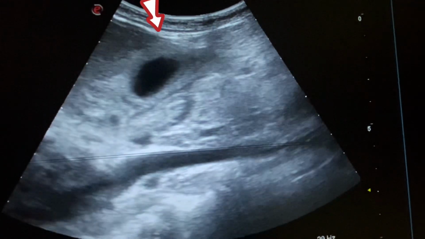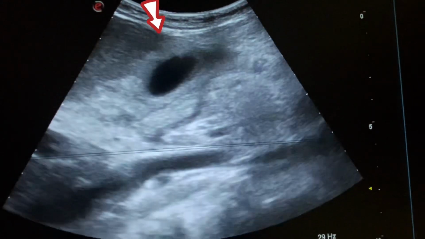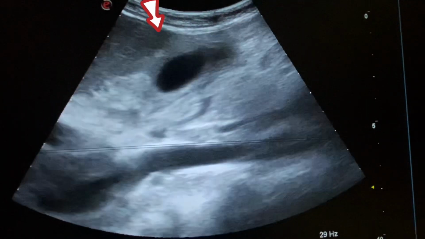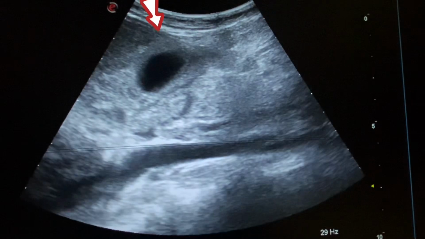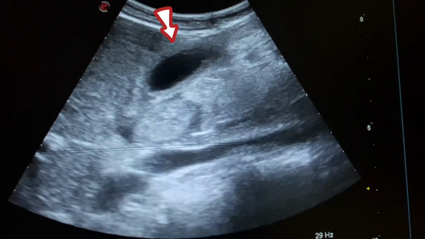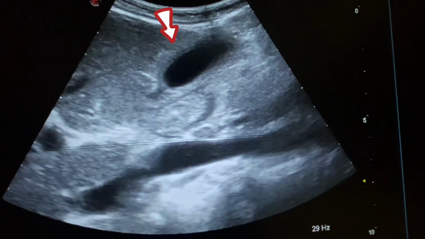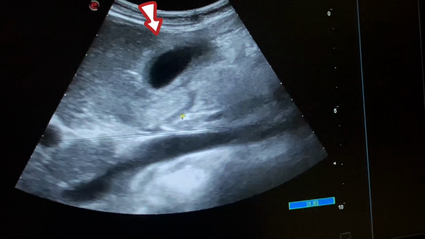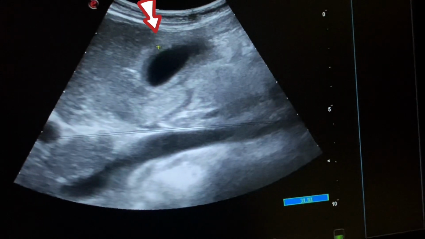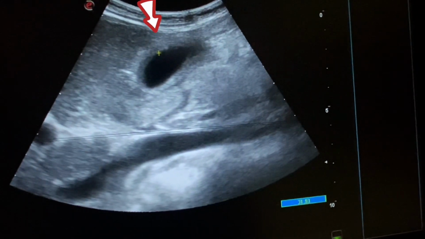Here we see the gallbladder. The gallbladder is partially contracted. No stone or mass is seen in the gallbladder. But the walls of the gallbladder are less echogenic and thickened. Now we will measure the size of the gallbladder wall.